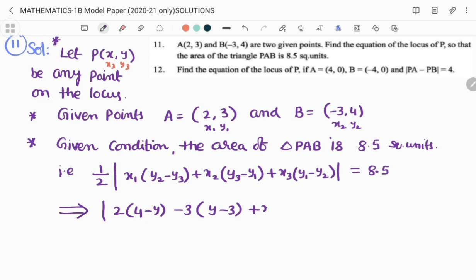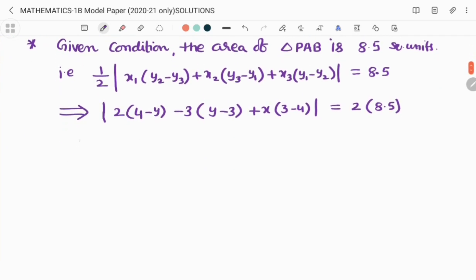Plus x3 value is x into y1 value 3 minus y2 value 4, is equal to 2 into 8.5. Two into 4 is 8 minus 2y, minus 3y minus 3 into minus 3 is plus 9, plus 3x minus 4x, which is equal to 8.5 into 2, 17.